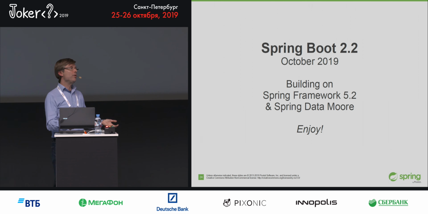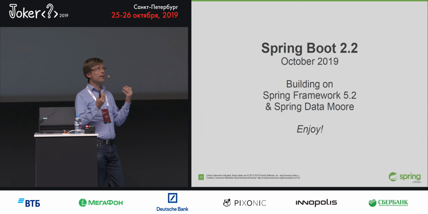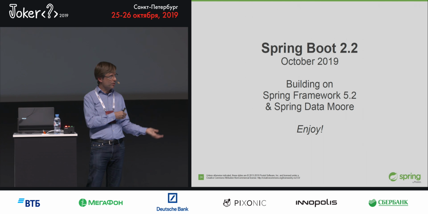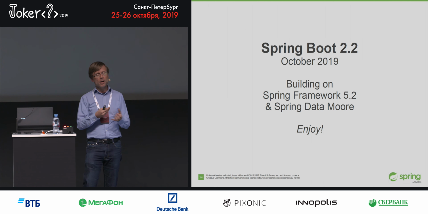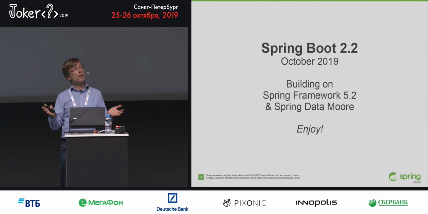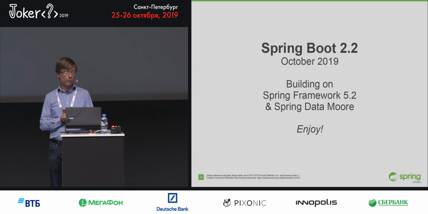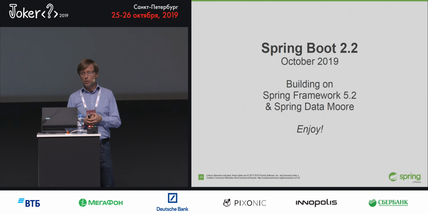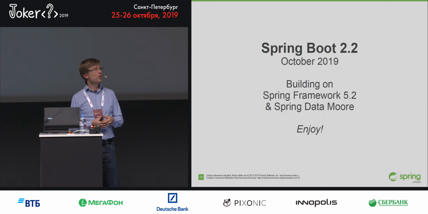It brings in Spring Framework 5.2, it brings in Spring Data Moore, and it also allows you to consume Spring Data R2DBC and the reactive transaction implementations in Spring Data along that line. It also comes with out-of-the-box RSocket support for the first time in Spring Boot land. So it's a convenient entry point to many of the things that we've been talking about both this morning and this afternoon.